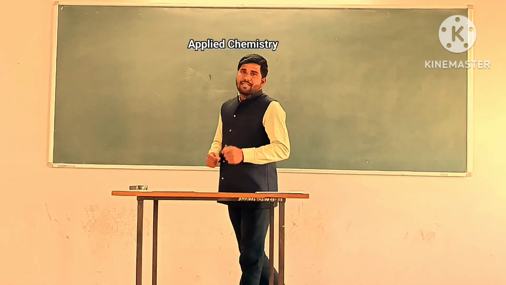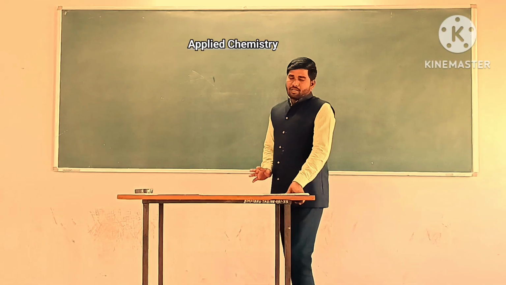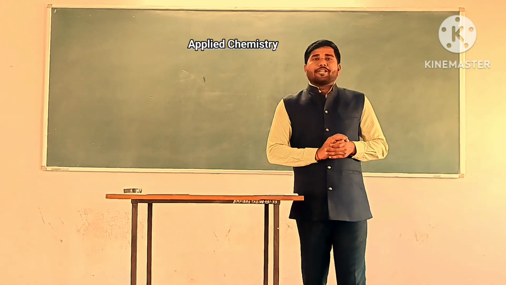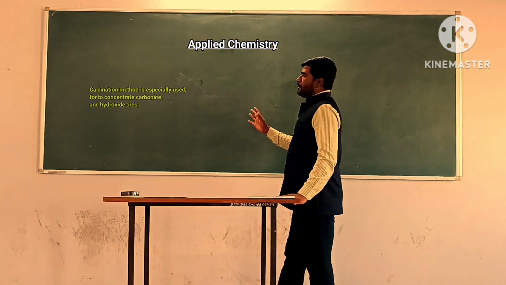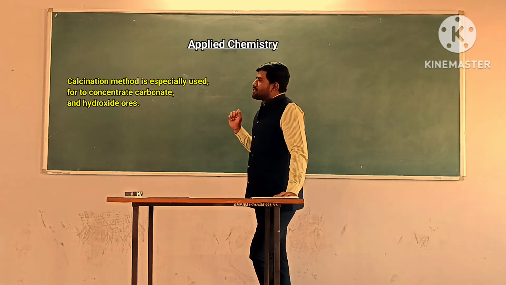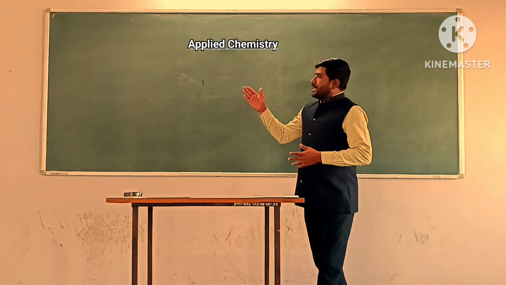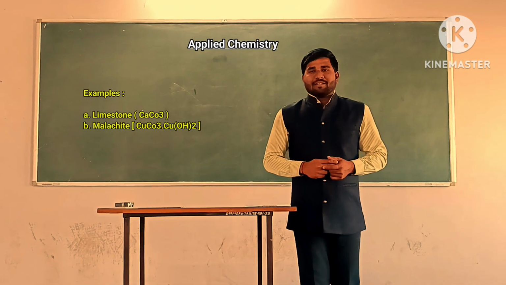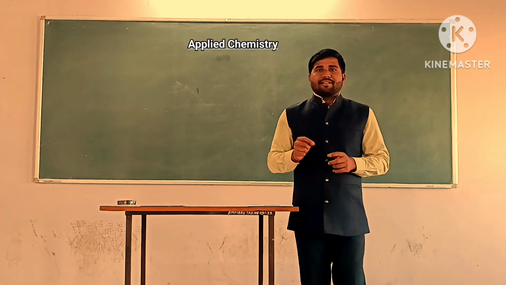The calcination method is used for concentration of carbonate and hydroxide ores, and the best examples of these ores are limestone and malachite. So what is the definition?